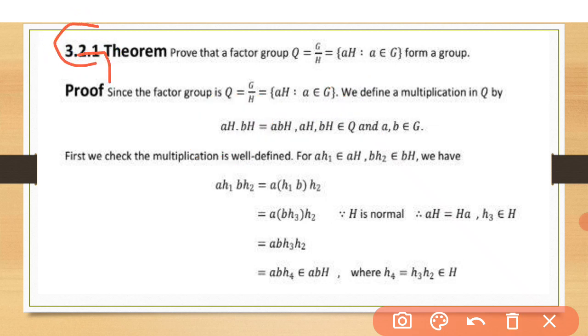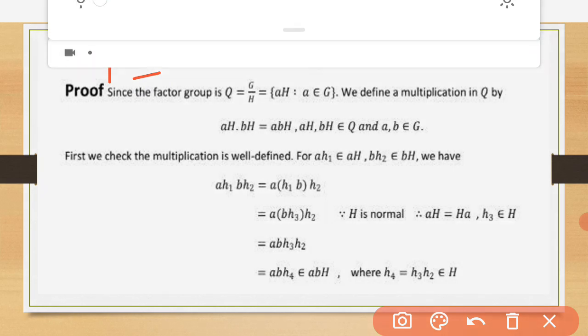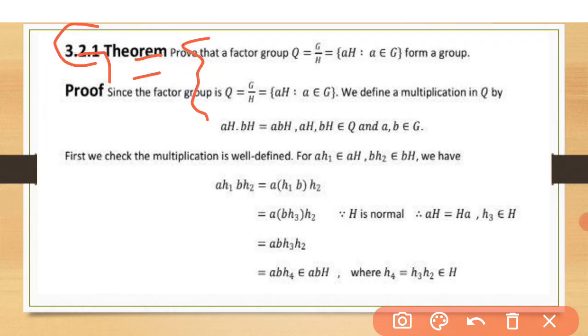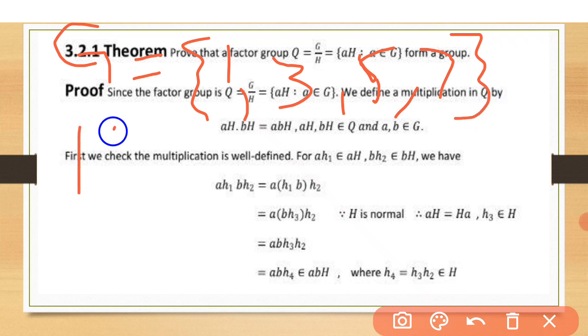You can see this by this example: 1, 3, 5 and 7, we have two left cosets here, when H is a subgroup of G and this is equal to {1, 5}.